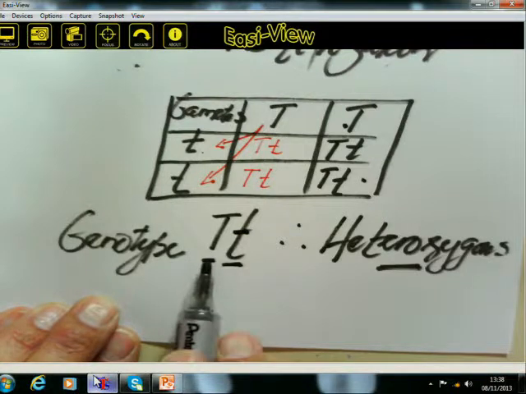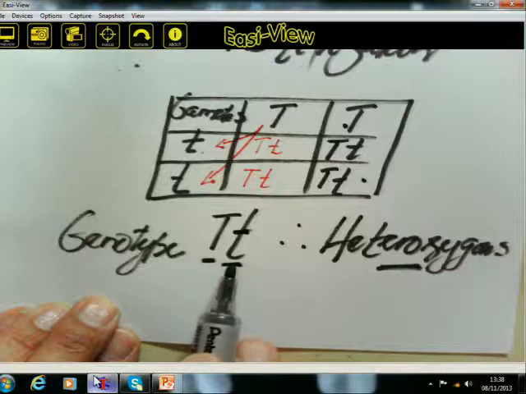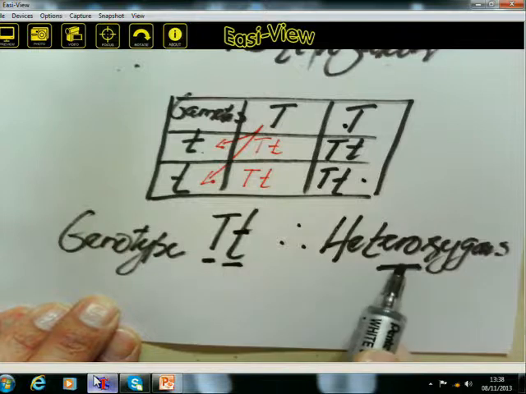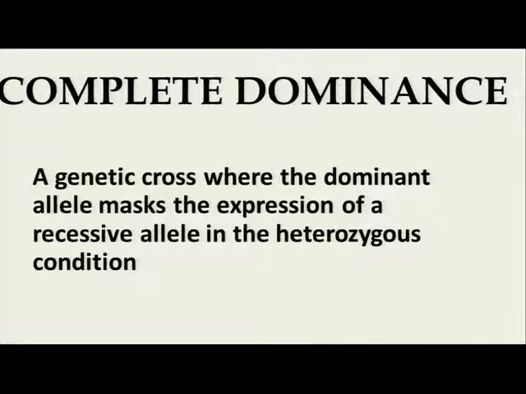The one gene determines the plant to grow tall. The opposing gene determines the plant to grow dwarfish. And that's why it's heterozygous. I said, in terms of complete dominance, it's a genetic cross where the dominant allele masks the expression of the recessive allele in the heterozygous condition.